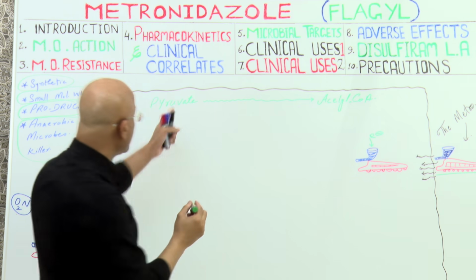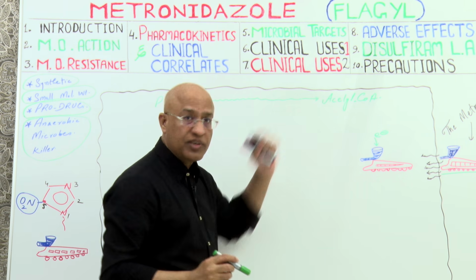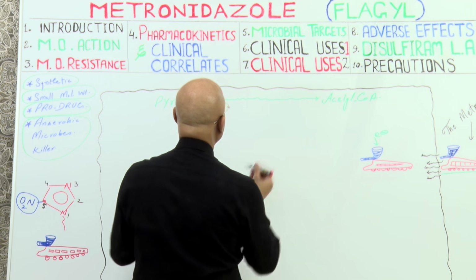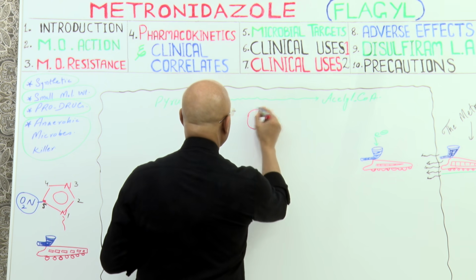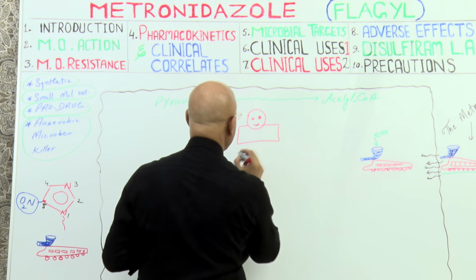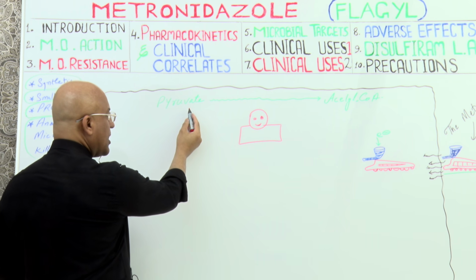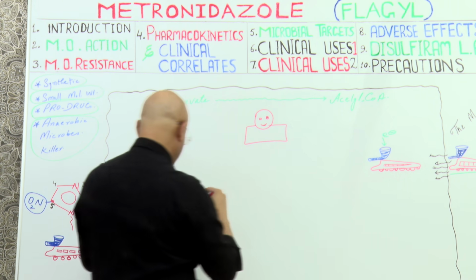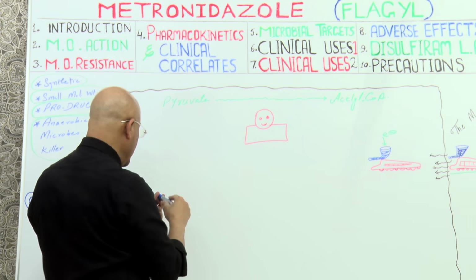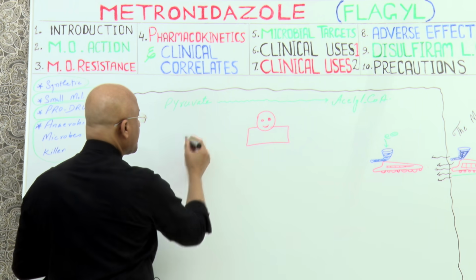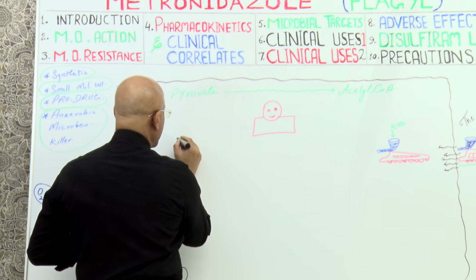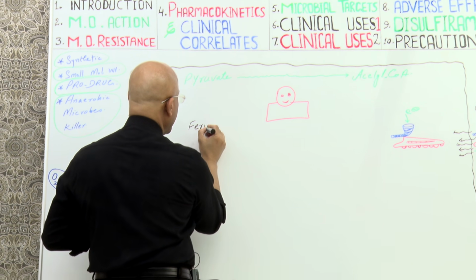Now, during this process, when pyruvate converts into acetyl-CoA, in anaerobic organisms there is a very special type of enzyme here, and this enzyme helps the pyruvate convert into acetyl-CoA while removing electrons, and the electrons are transferred to an electron carrying compound, that is, ferredoxin.